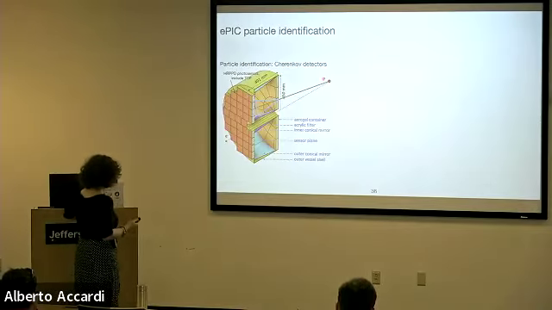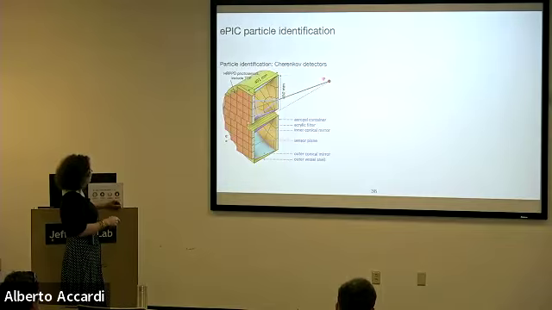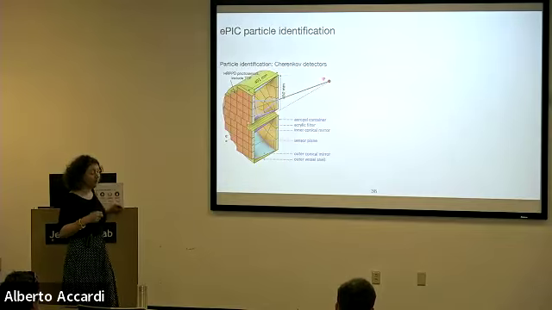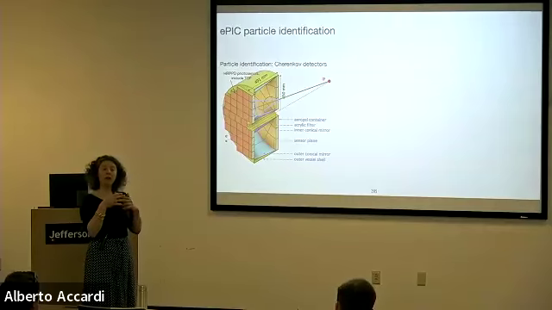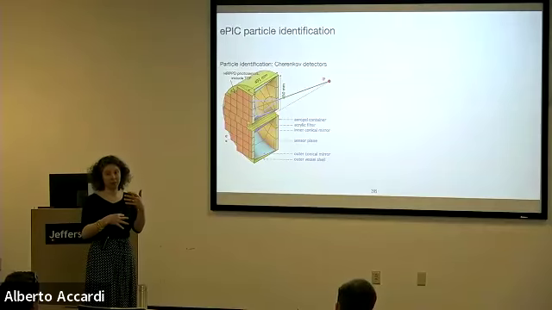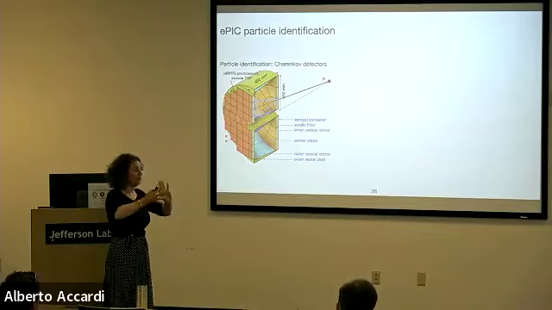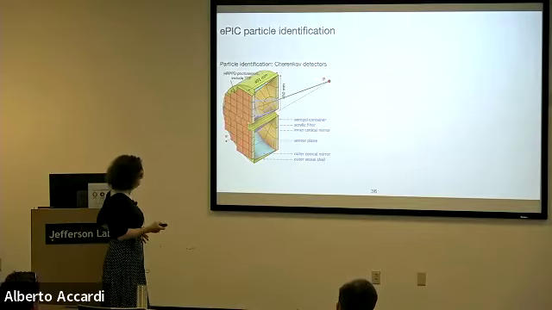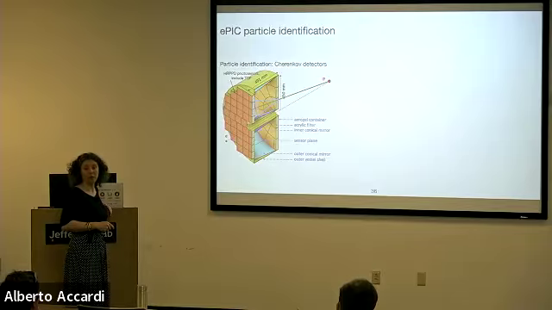The way they work is that you use some material where your charged particle travels faster than light in that material. And if that happens, through the passage of your particle, a light cone will be produced. And this light can then be detected through photon detectors.